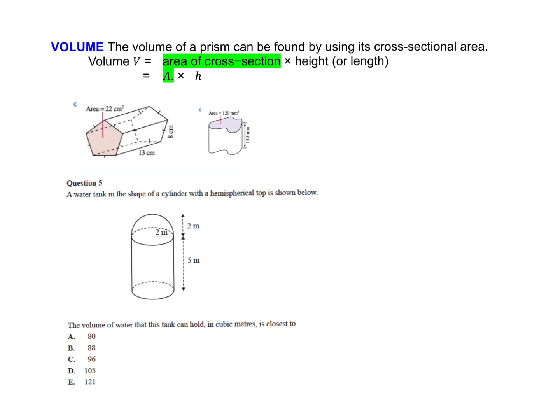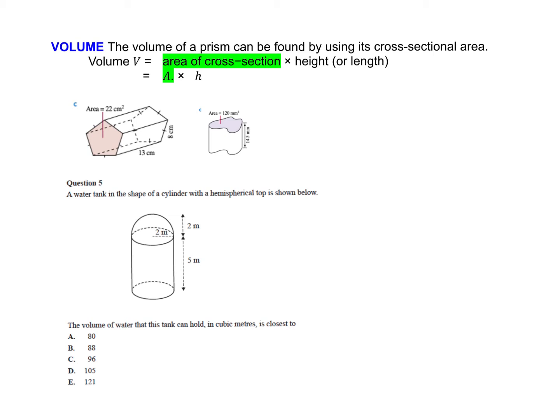Okay, so volume is different now. Volume, or sometimes they might talk about capacity, is always the area of the face of the object times the length of it.